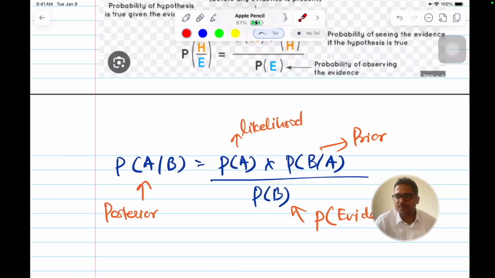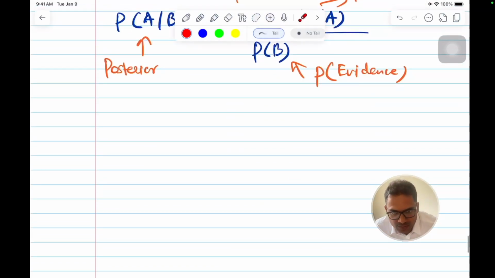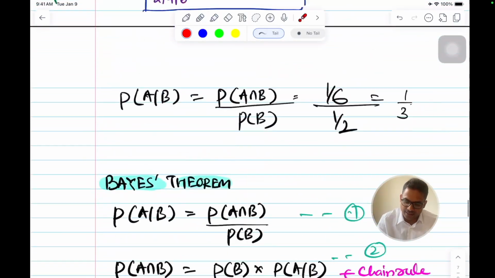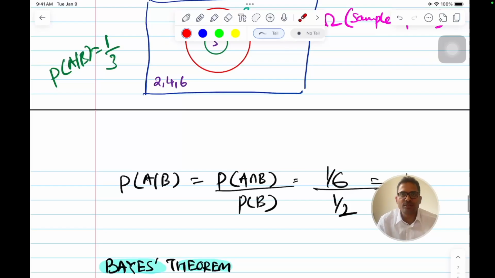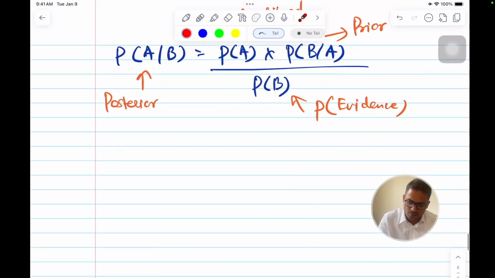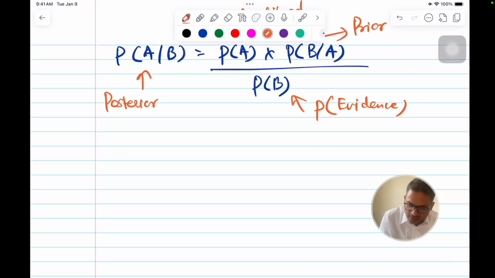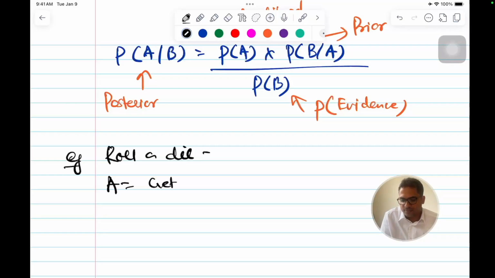So I'll give you one more example, the same rolling a die example that we did, and we'll compute it using Bayes theorem. Say we roll a die and my A is get a 5. My sample space would be 1, 2, and so on.